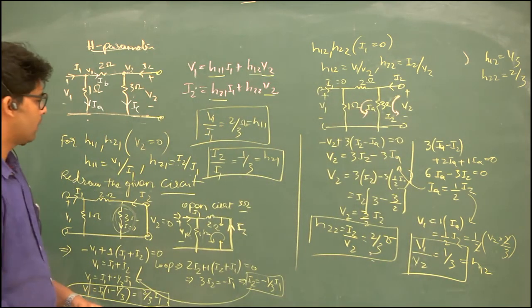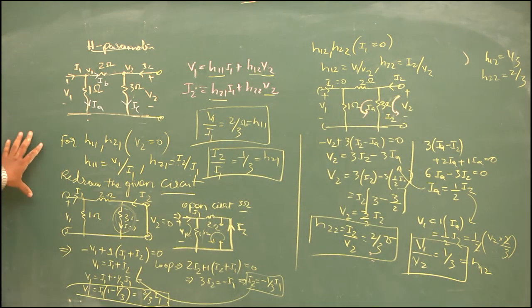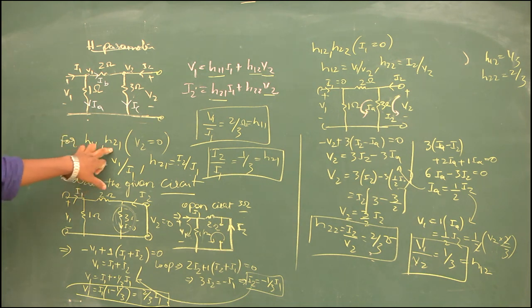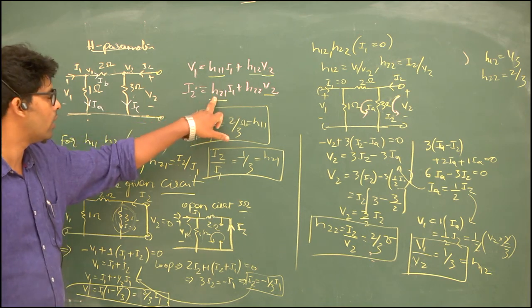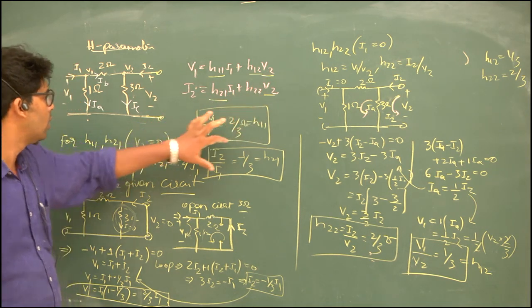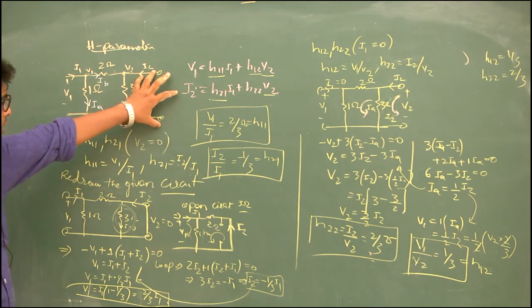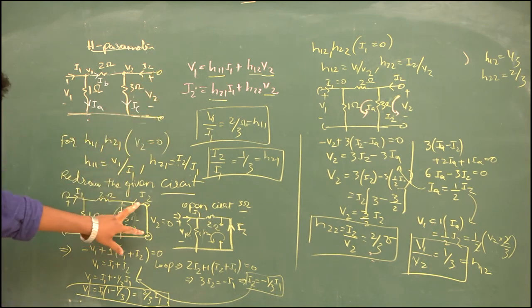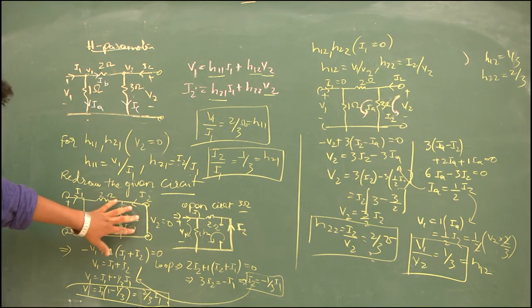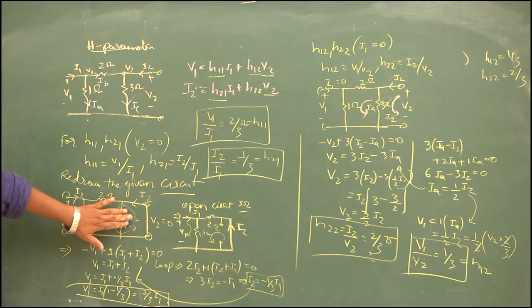So see guys, in this circuit, I am repeating what I did. To get H11 and H21, we need to make V2 equal to 0, that is short circuiting that circuit. After shorting, this 3 ohm is not acting in the circuit, therefore we removed it.